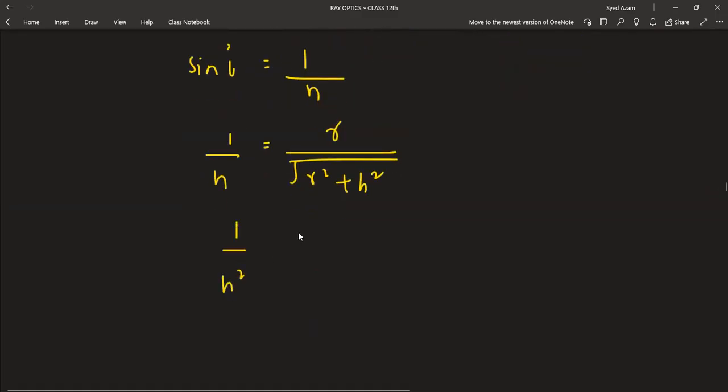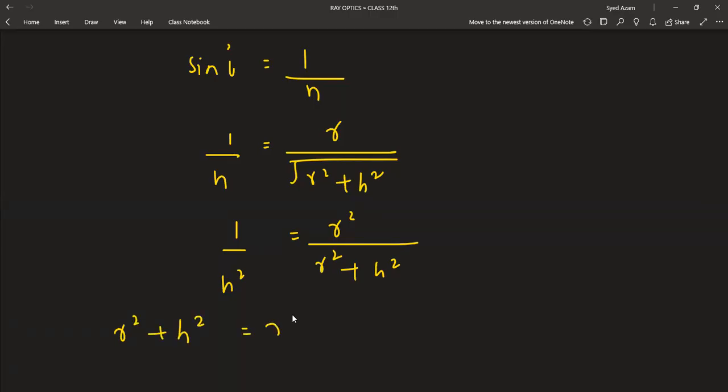So 1 by n square is equal to r square by r square plus h square. Let's cross multiply. So r square plus h square is equal to r square into n square. What is h square equal to? h square is equal to r square n square minus r square.